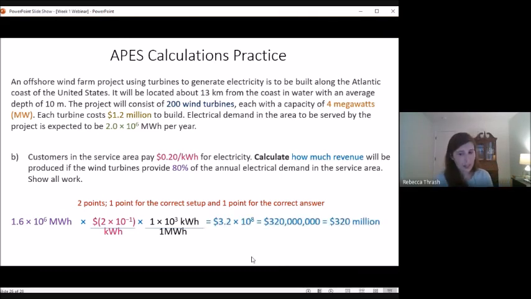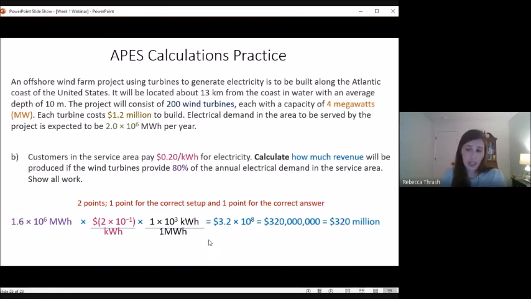So that leads us to 3.2 times 10 to the 8. So you've got 1.6 times 2 times 1, and then you just add your exponents. So 6 minus 1 is 5, plus 3 is 8. So that's where we get that. And 16 times 2 is 32, so 3.2.